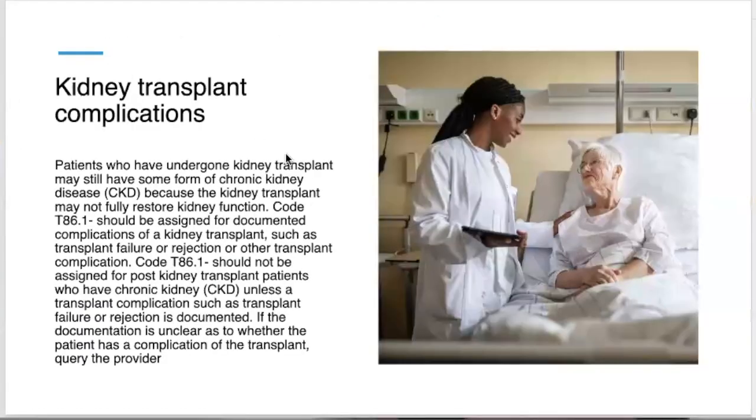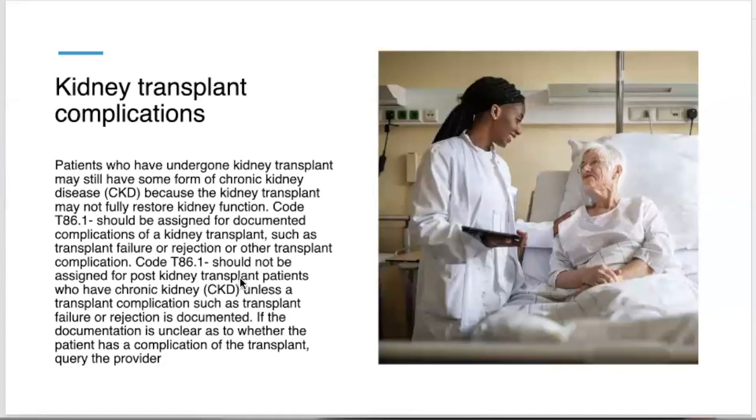Kidney transplant complications. So patients who have undergone kidney transplant may still have some form of chronic kidney disease. I don't know, guys, if you remember our discussion about this chronic kidney disease on a transplanted kidney. Because the kidney transplant may not fully restore kidney function, code T86.1 should be assigned for documented complications of kidney transplant, such as transplant failure or rejection, or other transplant complication.